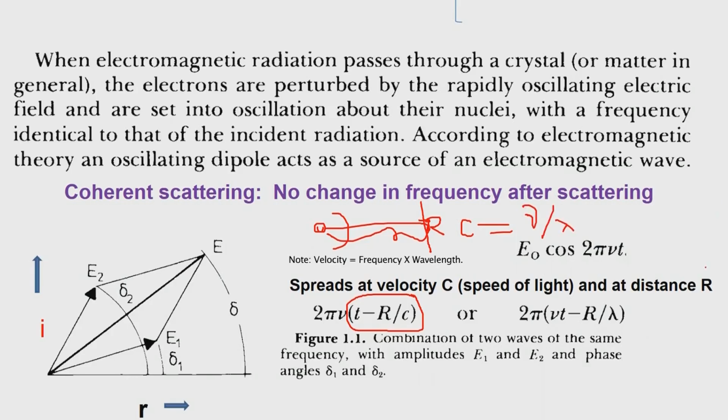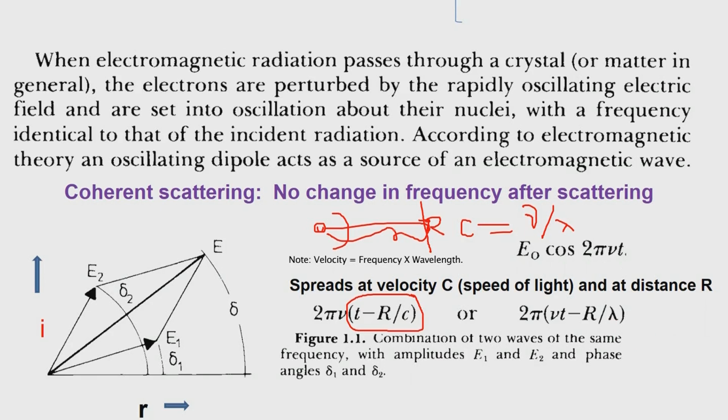So therefore we see that it is dependent upon lambda. So we introduce this expression. It is either 2 pi nu times t minus r by c, or 2 pi nu times t minus r by lambda, and this is therefore the extra path which it has travelled at any given time t.